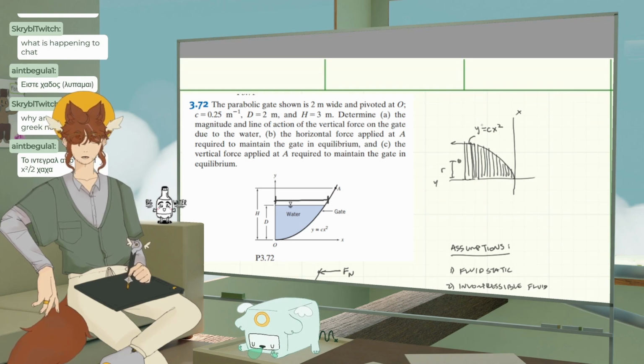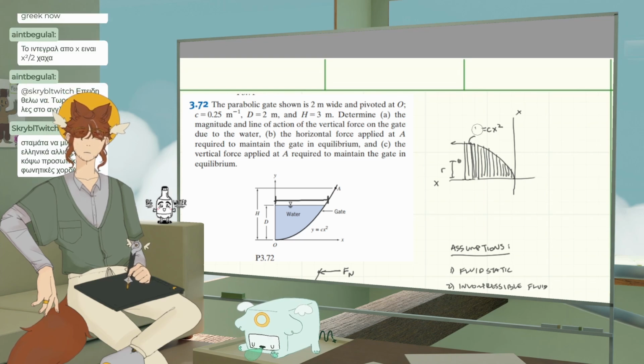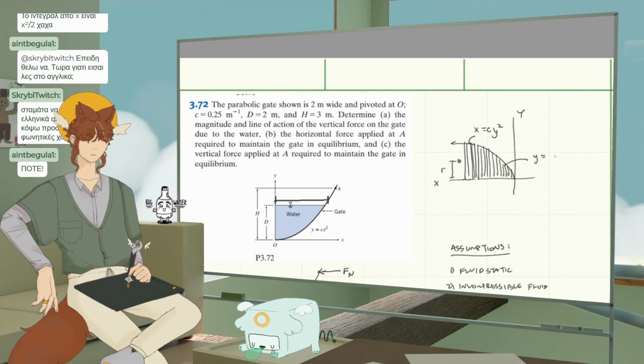Okay, we're just trying to find R. Wait, that was Y, so this will be X equals CY squared. So this is Y, so this is actually gonna equal Y equals the square root of X over C.